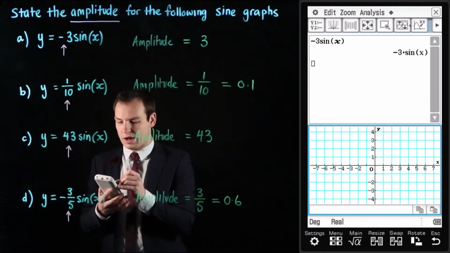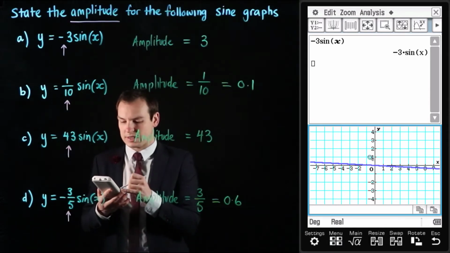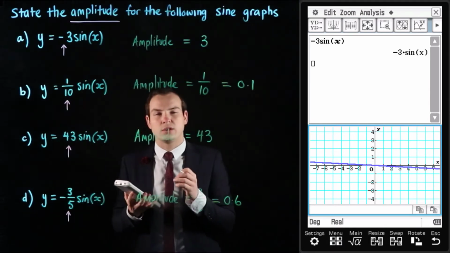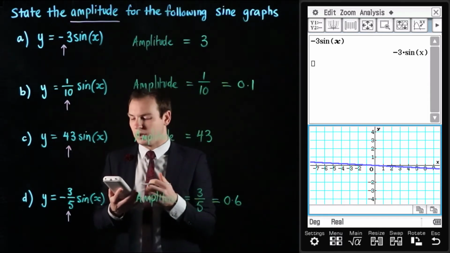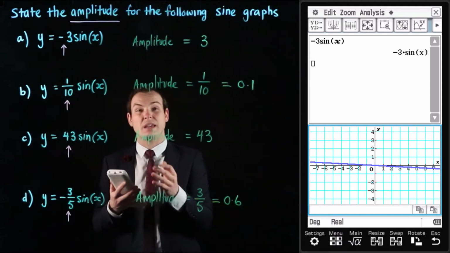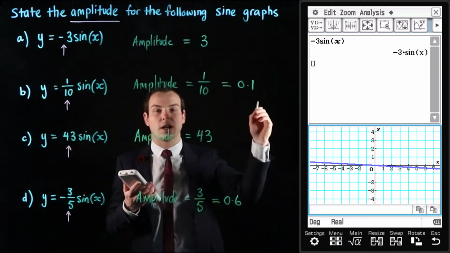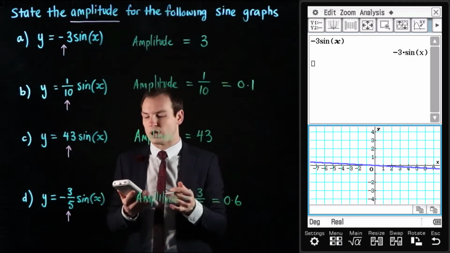So we've clicked on the graph icon, and now we drag -3 sine of x in, and it doesn't give us a particularly good view of the graph just yet. And what we need to know, and we'll cover this in other videos as well if you haven't seen it already, is that the period, or the length of one cycle of a sine graph, is 360 degrees unless it's been changed.